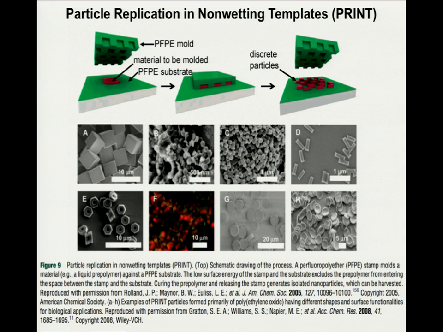Now these discrete particles can actually undergo endocytosis into cells based on what shape they are. So cells can figure out what shape they are, and they can engulf them for drug delivery and stuff like that.